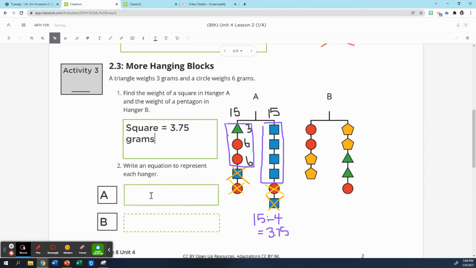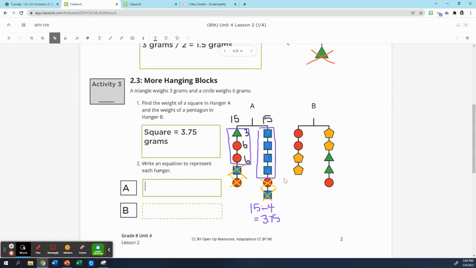Now, I can also write an equation to represent that. Here's how. If each of these squares is x, I know that 15 is equal to 4 times x.